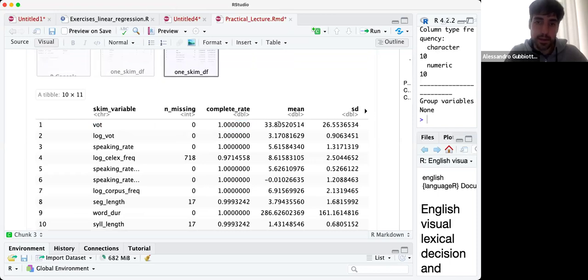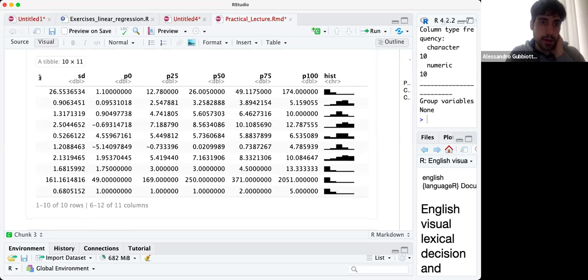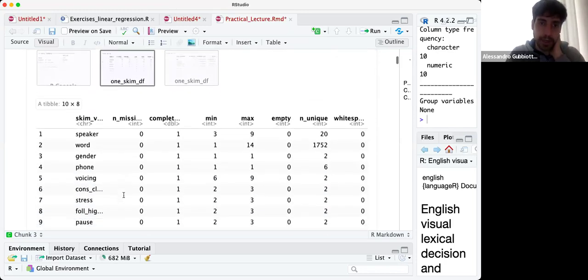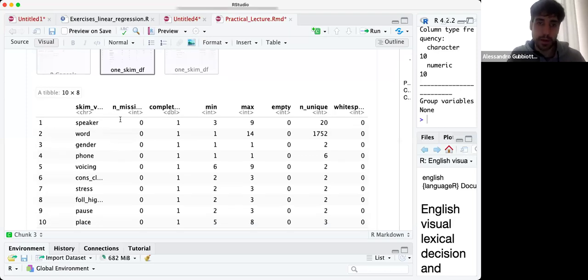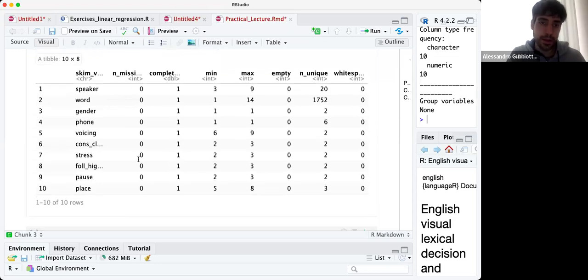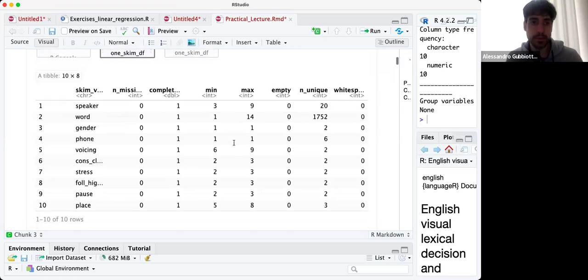The mean is 33 milliseconds, the standard deviation is 26, and so on. They plot the percentiles and the histogram. This is for the numeric variables. Then there are also the categorical variables, like the speaker and the word. There are no missing data.